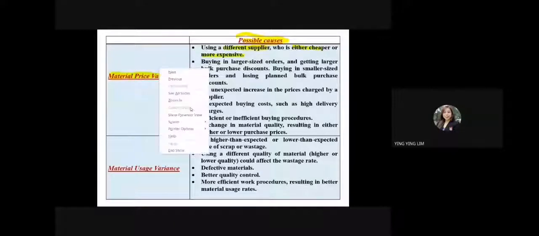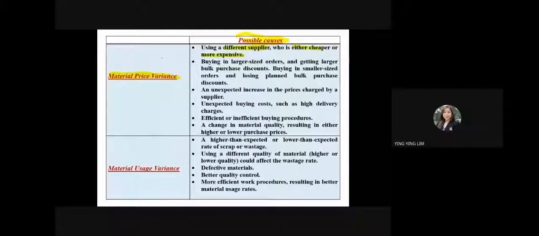If my material price is favorable, meaning to say that the actual price that I pay to the supplier is cheaper or lesser than the standard price that I set, then I could say that the cause of the favorable material price variance is maybe a cheaper supplier.